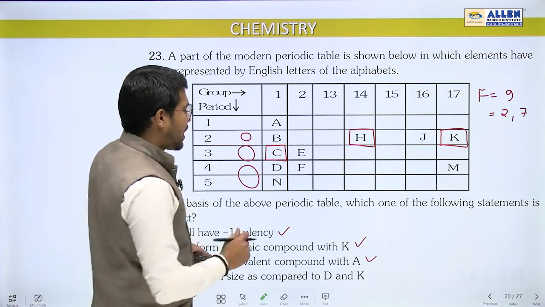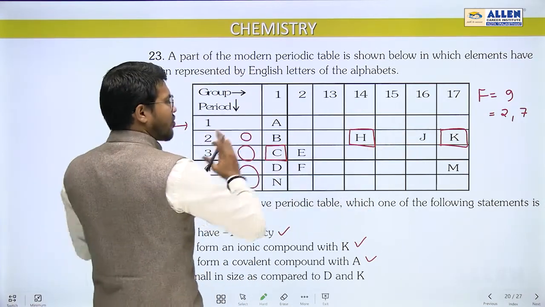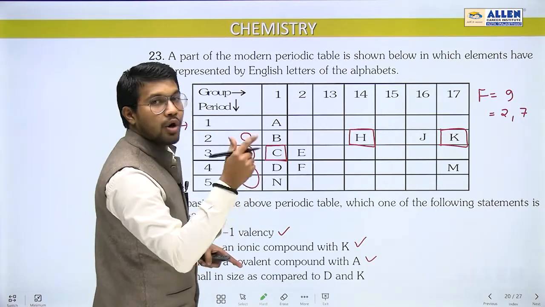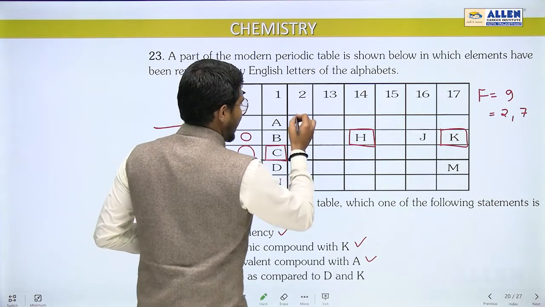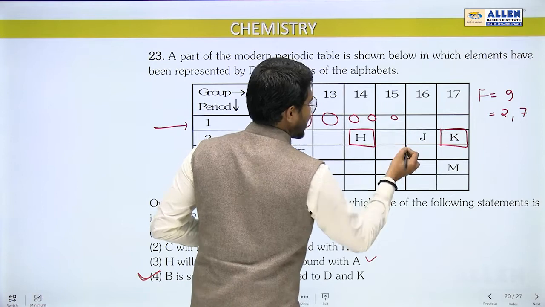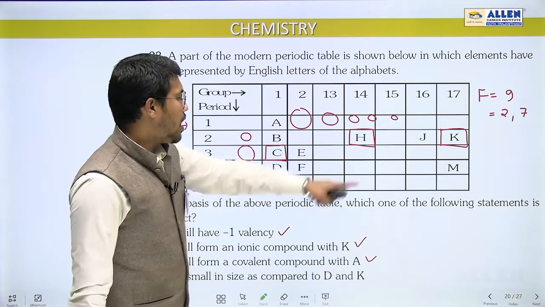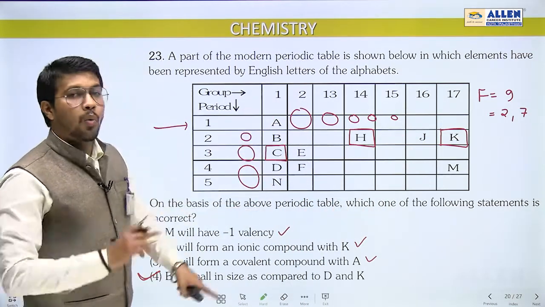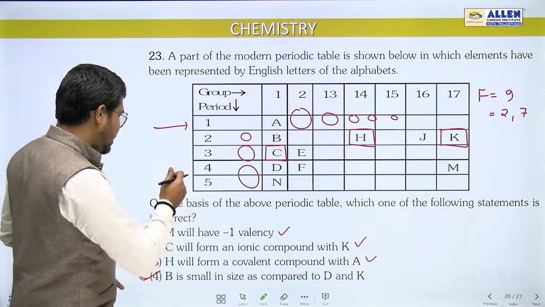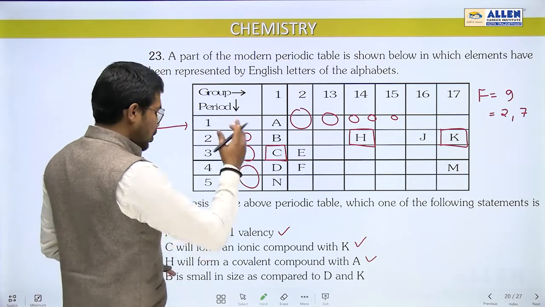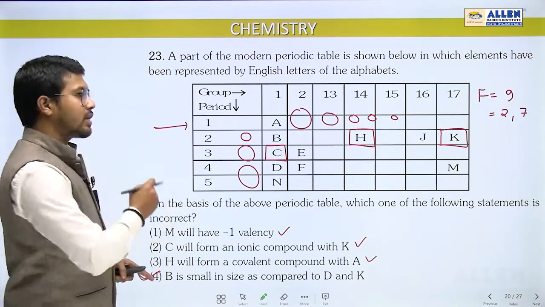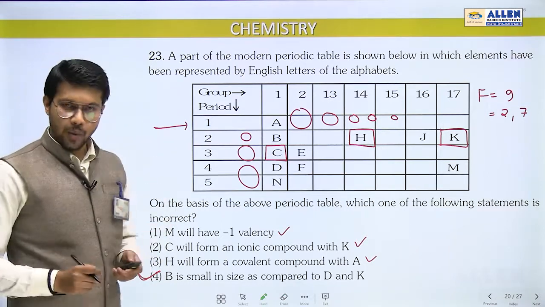But if we move from left to right in a period, this actually becomes wrong, since we know that in a period size of atom decreases. So obviously size of B would be greater than that of K. In this way this statement becomes wrong, so we will mark fourth. This is the incorrect statement in this particular question.